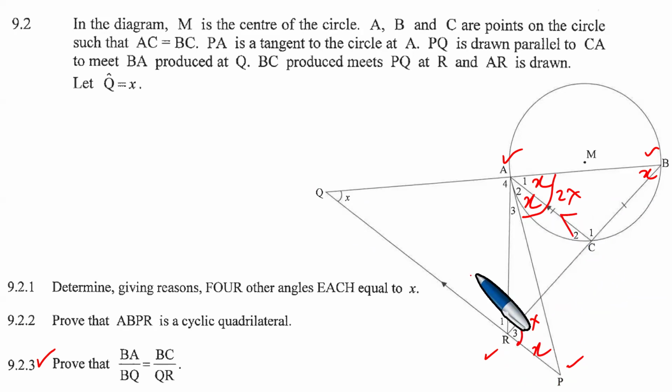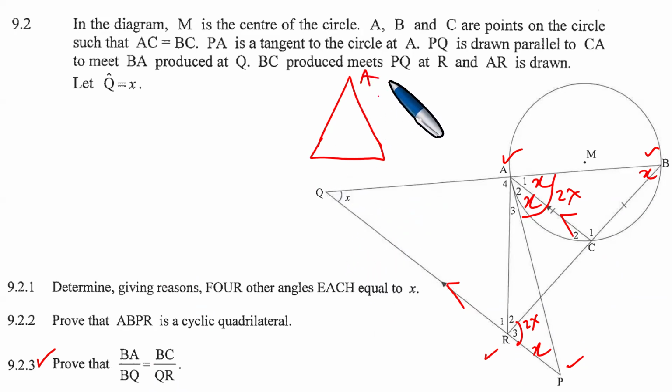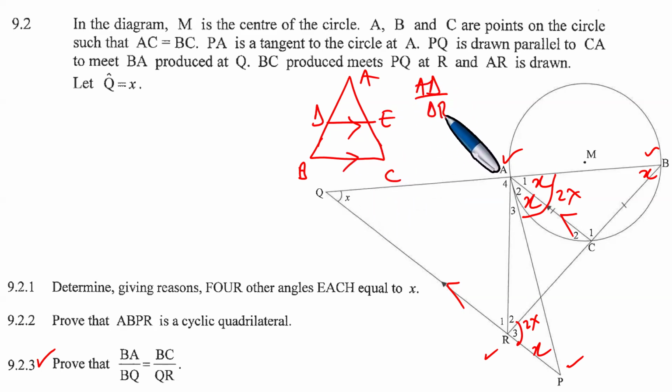You already have that this is part of this. Now if you're supposed to prove this, this is the theorem we just proved, the proportionality theorem. If you have A, B, C, like this, D, E, you'd have that AD over DB is equal to AE over EC. Why is this the case?